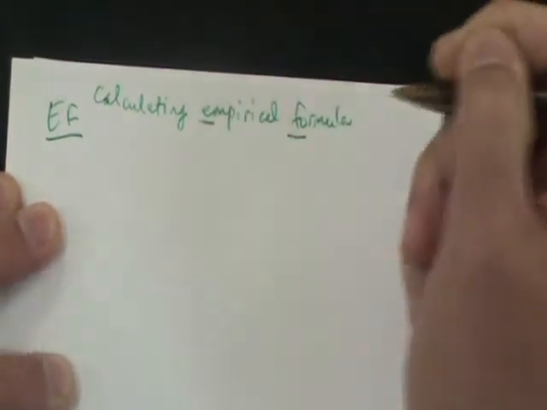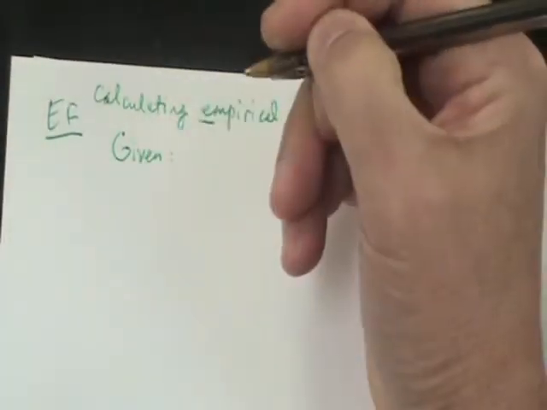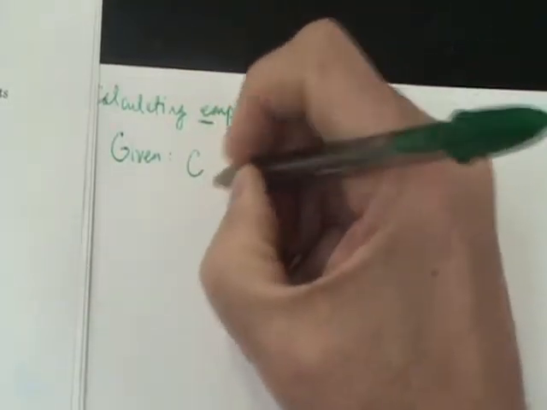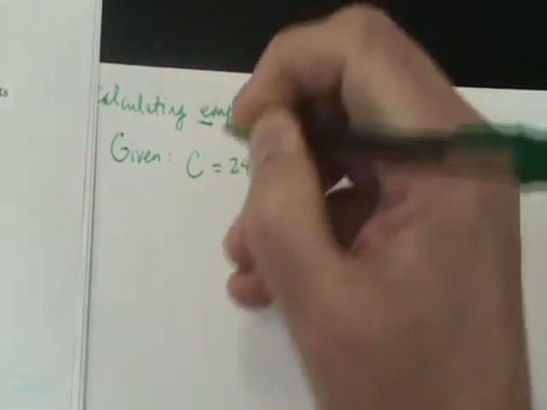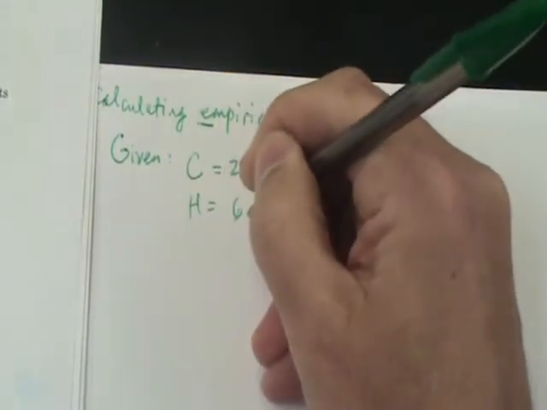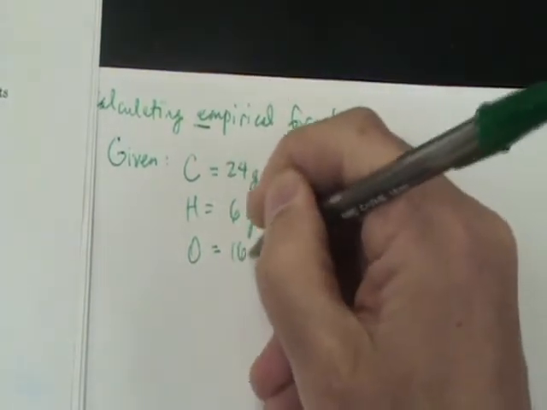There's our E, there's our F. Now let's look at what's given. We're given three compounds. One is carbon, and that's equivalent to 24 grams. We have hydrogen, which is 6 grams, and oxygen, which is 16 grams.